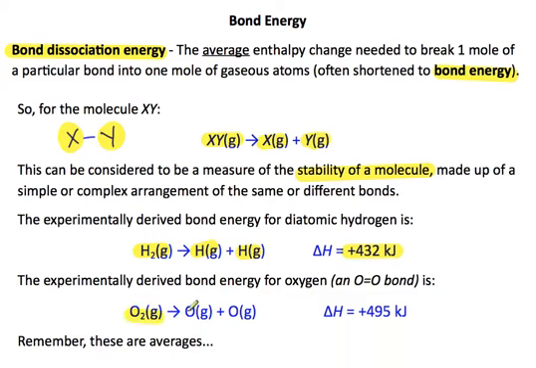Oxygen, on the other hand, yields 2 moles of oxygen atoms with a higher bond dissociation energy. Any idea why that bond dissociation energy is higher? Well, look at the bonding. Hydrogen, H single bond H versus oxygen, O double bond O. So it's that double bond that's going to give rise to a higher bond dissociation energy. And you'll see that in a minute with other types of bonds.